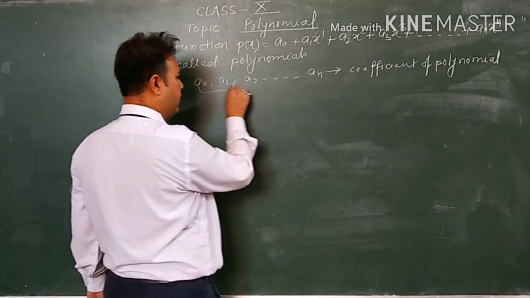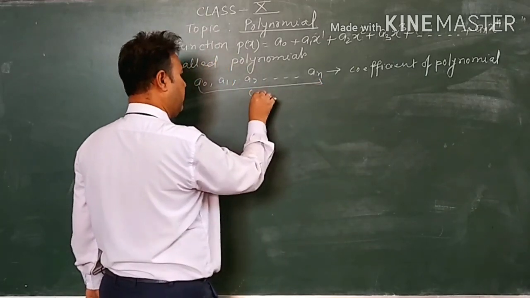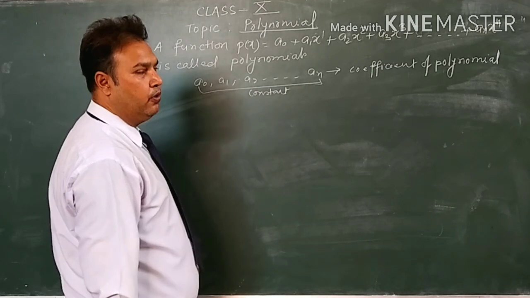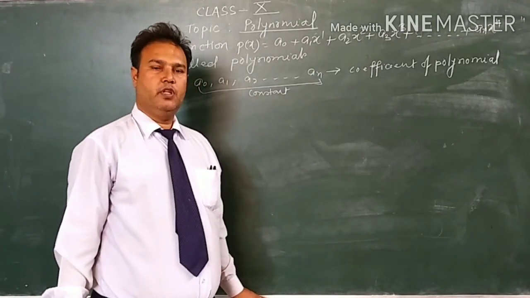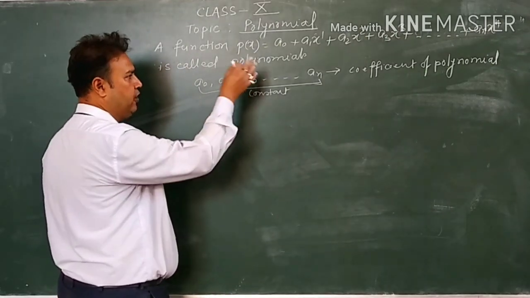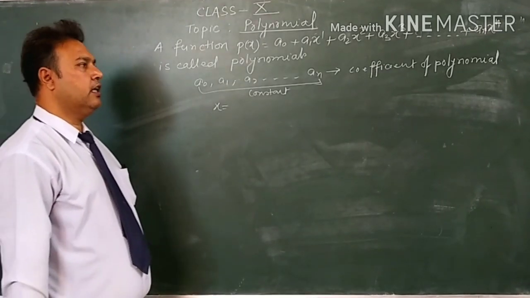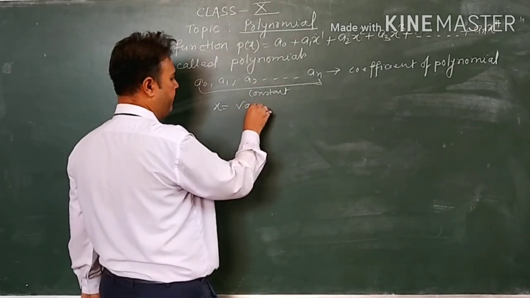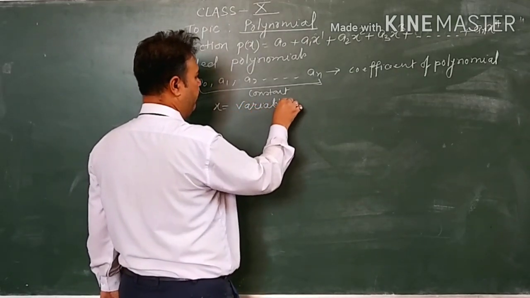These are also known as constants because they are numbers. They never change their value in any situation. That is why they are known as constants. Where x, whose value varies as per the condition, as per the situation, is known as a variable.